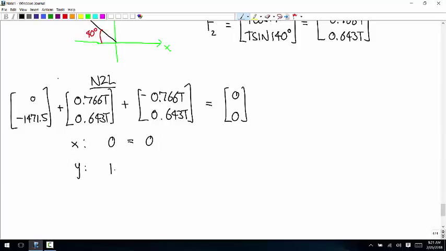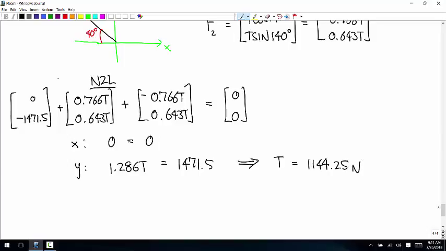So you get 1.286 T is equal to positive 1471.5. And so T is equal to, what's that, 1144? Yeah. Okay, 1144.25 newtons.